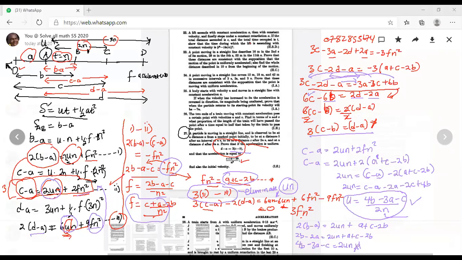I thought they said prove that if the acceleration is uniform. It's uniform, yes. When they say it is uniform, it means F is uniform in 1, F is the same in 2, F is the same in 3. Yes. Okay, why is there d minus a is equal to 3c minus b in the middle there?